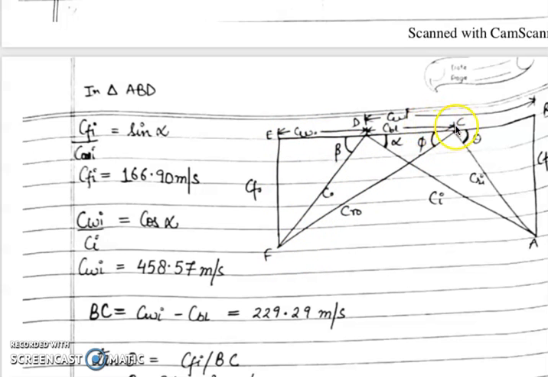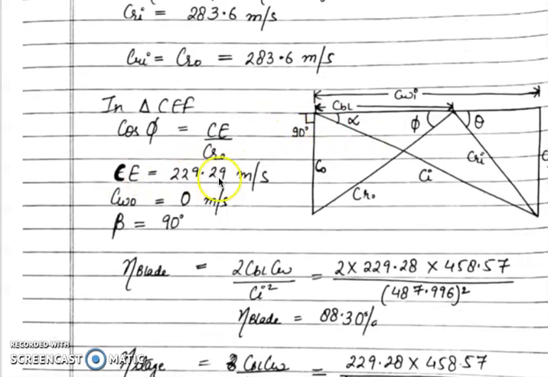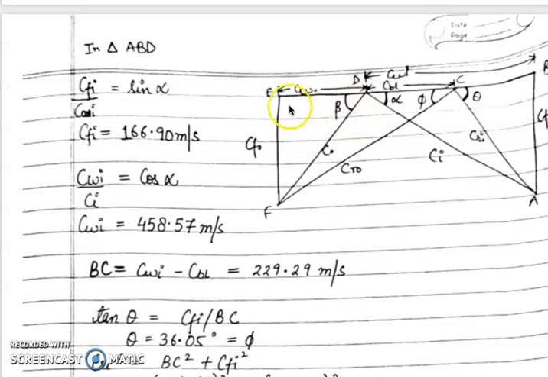So by the calculations, we have to find Cw naught using Ce minus CBL. So Ce minus CBL is giving Cw naught equal to 0. That means in this case Cw naught is 0 and this line will be a straight line.